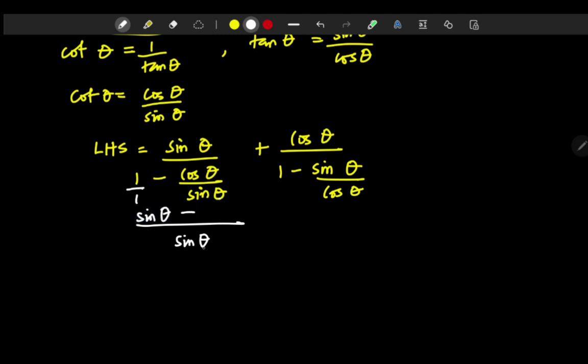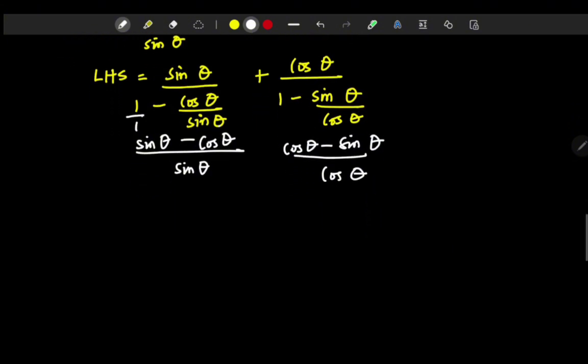Minus sine theta and sine theta is 1. 1 times cos theta is going to be cos theta. Let me do this for the bottom part here also. So this will be cos theta, and you're going to have cos theta minus sine theta here.